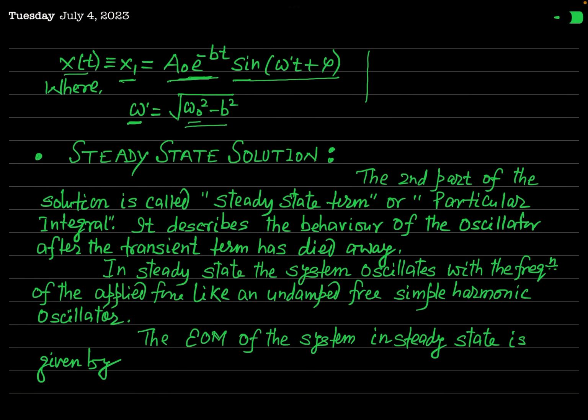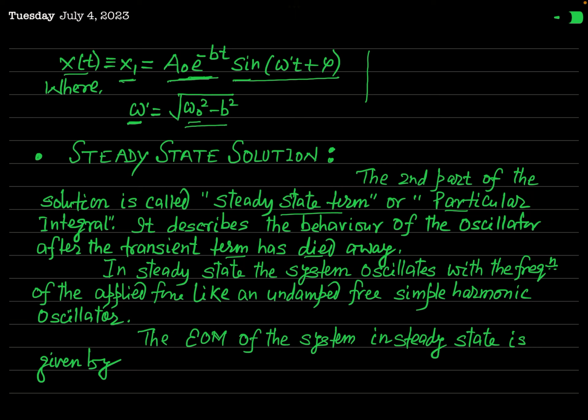In this condition, the solution of the equation of motion is called the steady state term, or it is also called the particular integral. And as I have told you, this describes the behavior of the oscillator after the transient term has died away.